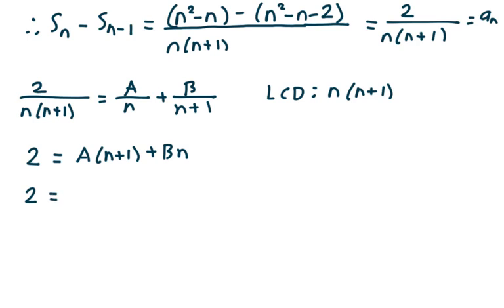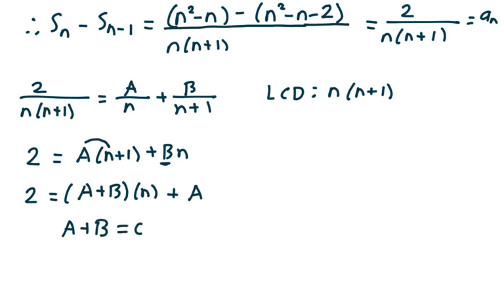So 2 is a plus b times n, right? an plus bn, and then I'm factoring out the n, right? And then I'm going to add a. So a plus b produces 0. A is going to be 2. And what that tells me is that b equals negative 2.